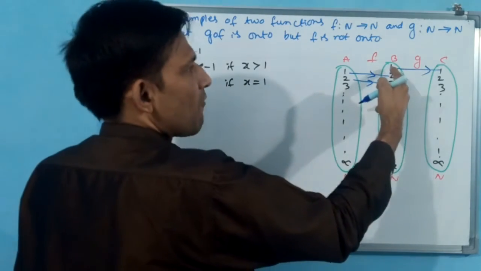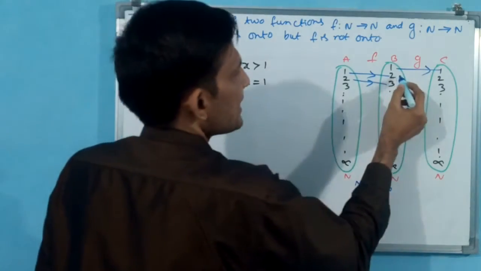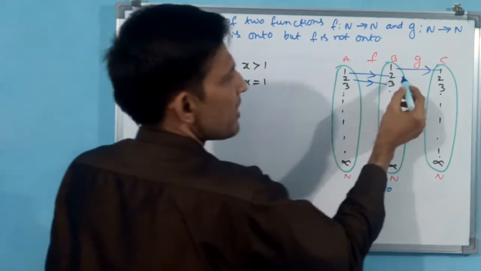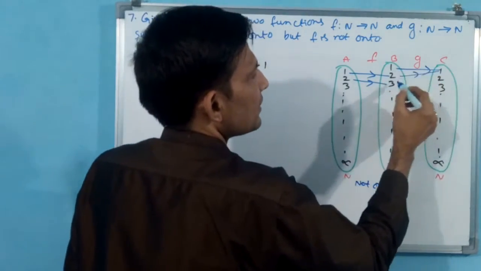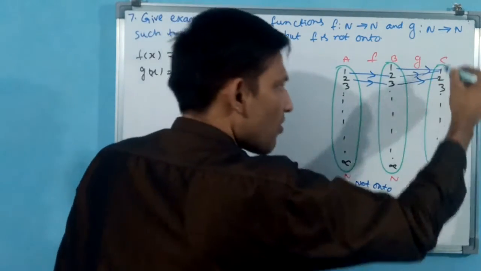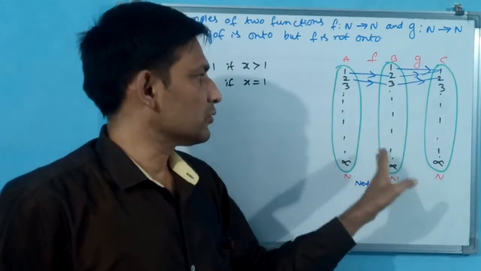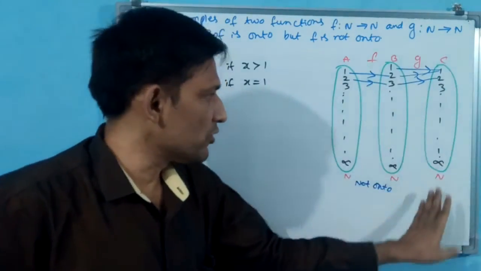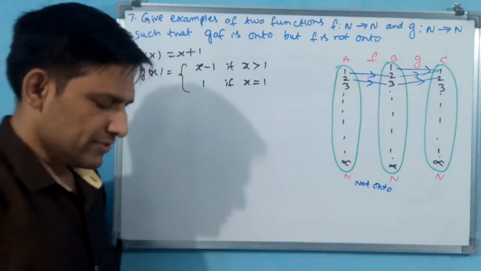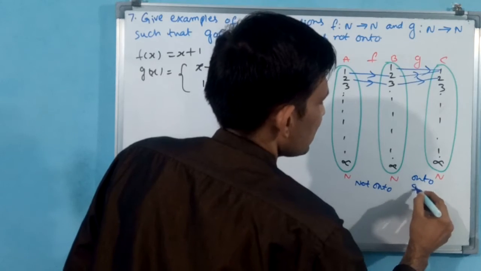Without 1, all are greater than 1, right? Then for greater than 1 you have to make x minus 1: 2 minus 1 is 1, 3 minus 1 is 2, 4 minus 1 is 3. All have a connection, and the last element also has a connection here. This is going to become onto or surjective. You write this: onto or surjective.